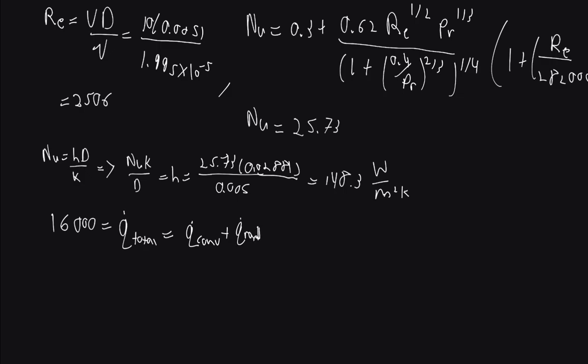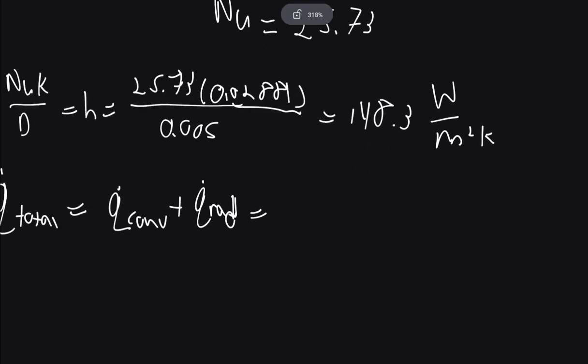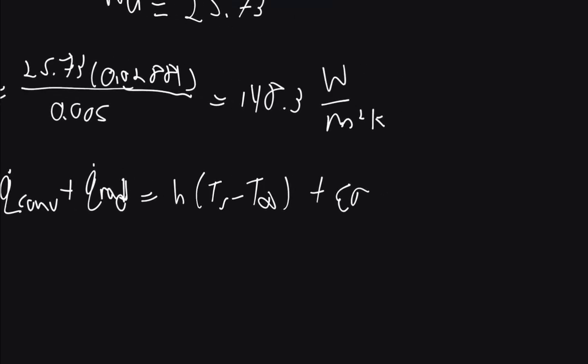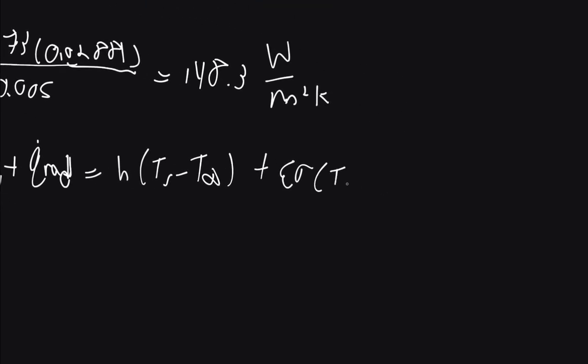And we know there's radiation because they told us an emissivity, so we actually have to pay attention to it. We know that Q dot convection per area is h times Ts minus T infinity. And for radiation, that's these two constants times Ts to the fourth minus T surrounding to the fourth.